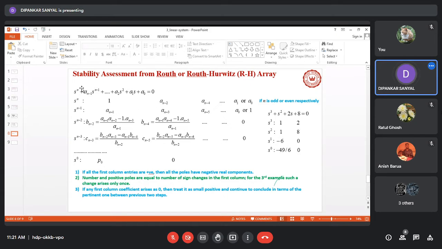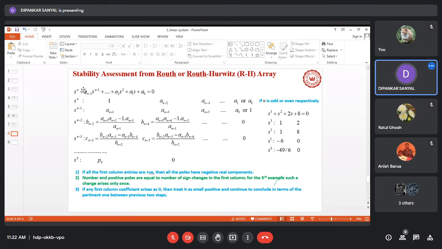So if this n is even, say if it is 8, then coefficient of s to the power of 8, coefficient of s to the power of 6, coefficient of s to the power of 4, coefficient of s square, and then the coefficient of the constant term.